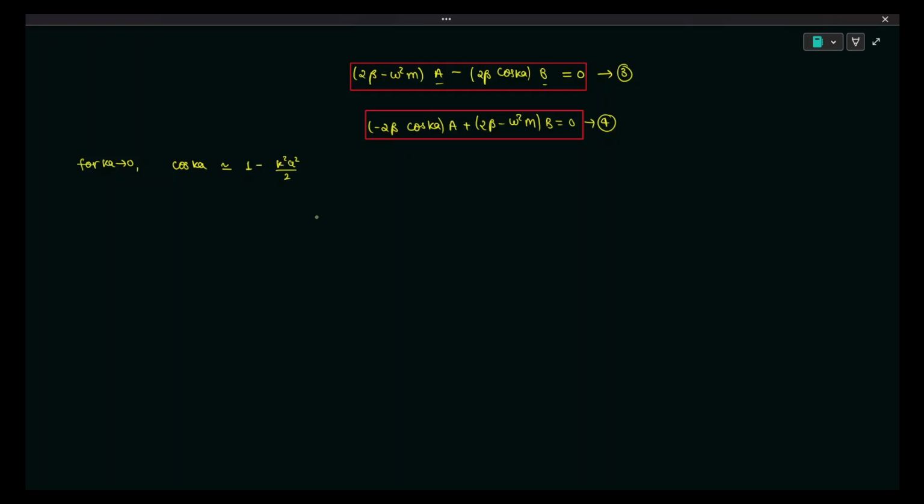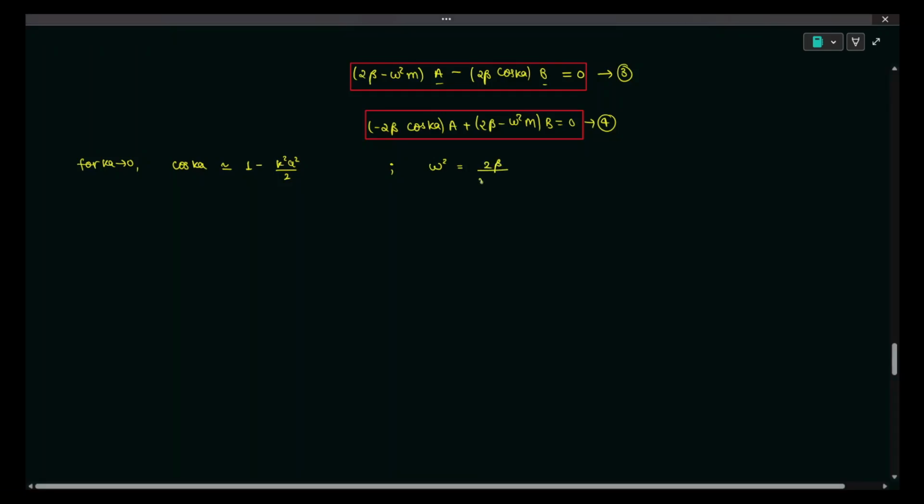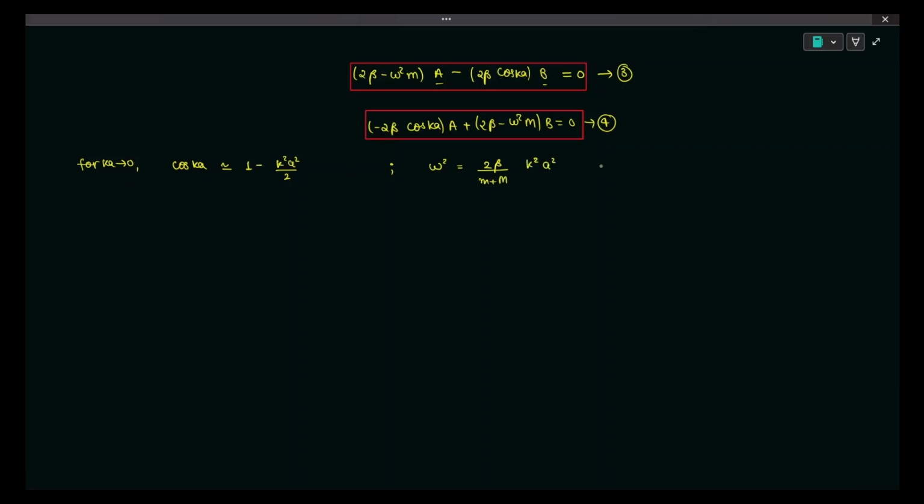We will substitute this and solve equations 3 and 4, and we will also use that for the acoustical branch the value of omega square is equal to 2 beta divided by small m plus capital M, times k square a square. So this implies that omega minus, as Ka tends to 0, is equal to Ka root of 2 beta divided by small m plus capital M. We will use these values and substitute them in equations 3 and 4.